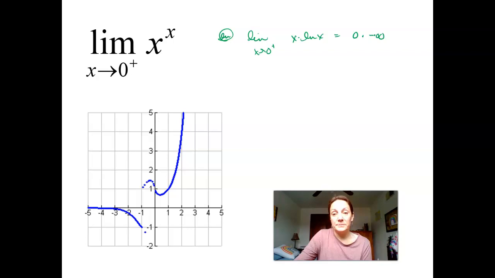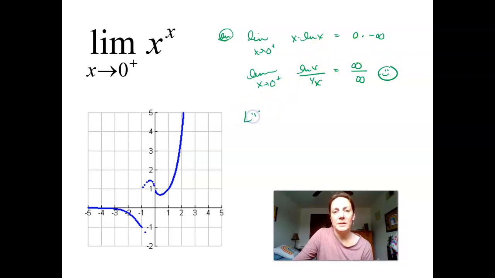That's indeterminate. But I can fix that by rewriting it like this. That's still a problem, right? Because now I have infinity over infinity. But now I can L'Hopital. So even though I'm mad, I'm kind of happy.